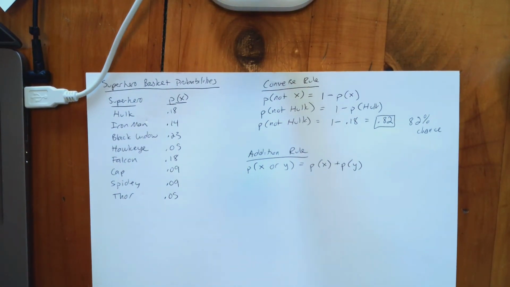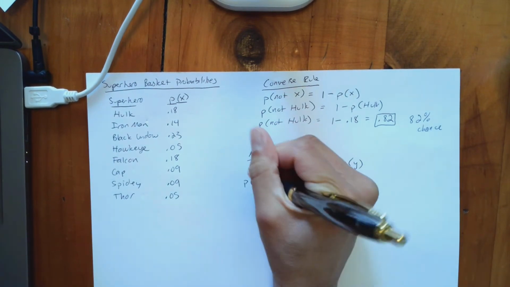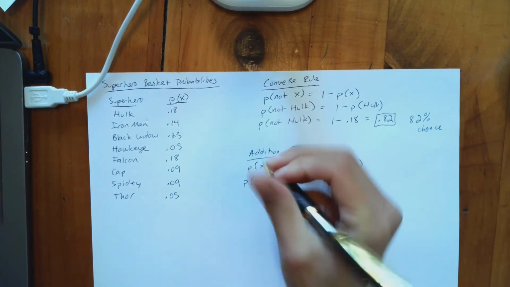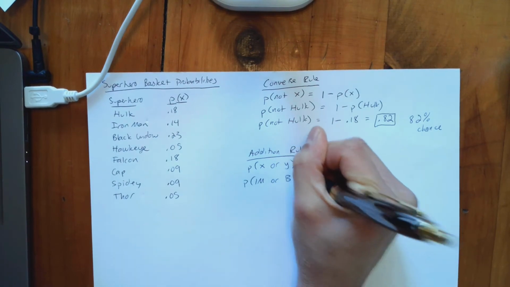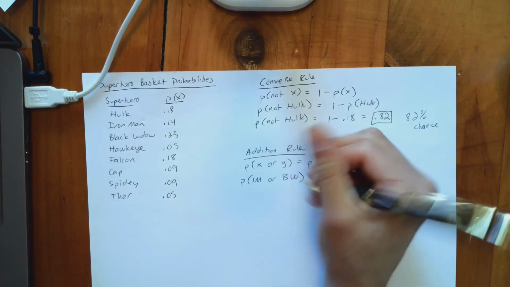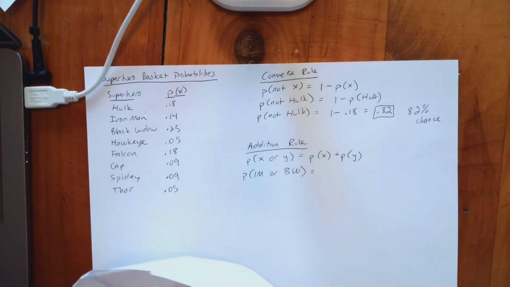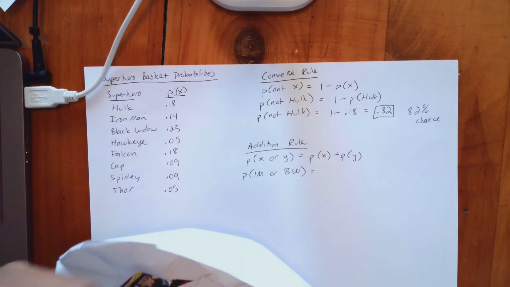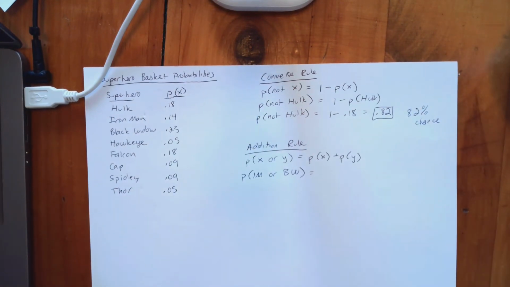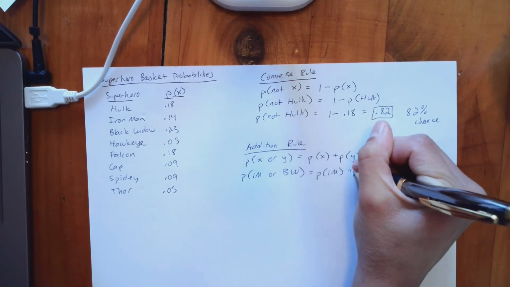Going through an example here, let's say we want to find the probability of getting Iron Man or Black Widow. I'm going to just use their initials here. If I want to find this probability, I'm going to plug their probabilities into this equation. The probability of getting Iron Man or Black Widow is equal to the probability of getting Iron Man plus the probability of getting Black Widow.